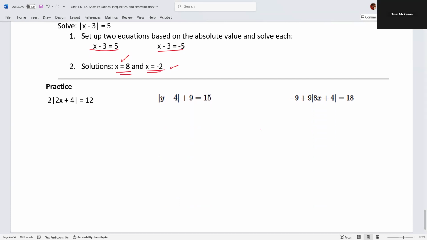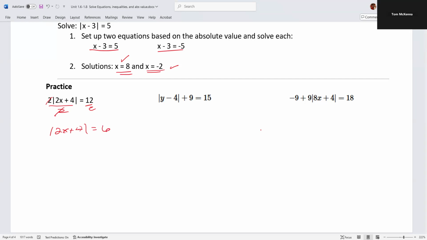Okay, so here, notice that there's more than just an absolute value on the one side. So the first step is we do want to isolate the absolute value. So we'll divide both sides by the 2. That will cancel out this 2 to a factor of 1, and 1 times anything is itself. So this results in the absolute value of 2x plus 4 is equal to 6.